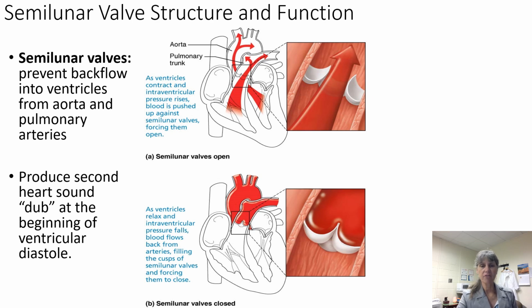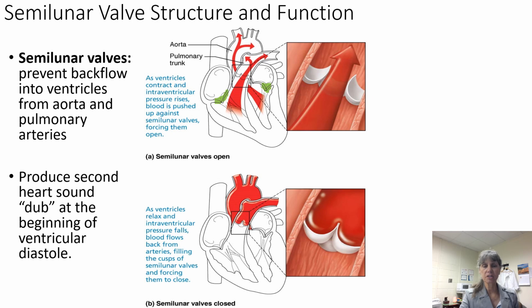So after blood goes from the atria to the ventricles, the ventricles begin to contract, shutting off the atrioventricular valves, building up pressure, and keeping blood from flowing back into the atria.